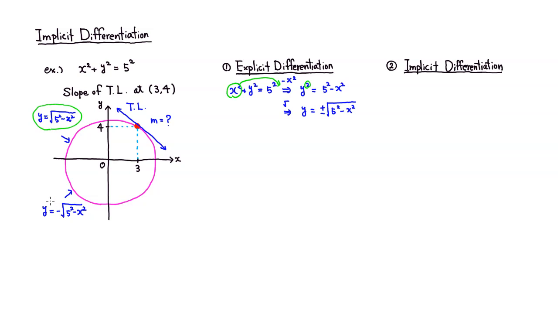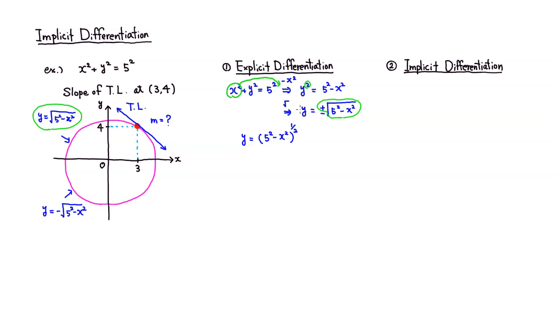So I'm going to write y equals. Since I don't like square roots when taking the derivative, I'm going to rewrite it as the quantity 5 squared minus x squared raised to the 1/2 power, because that's equivalent to the square root.